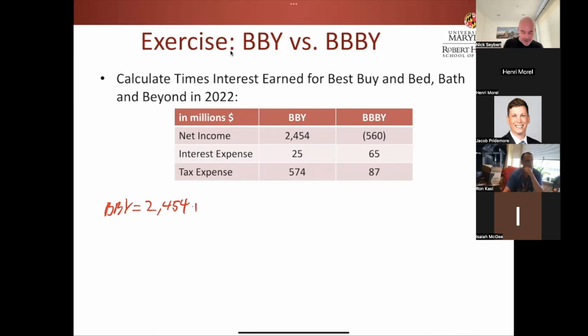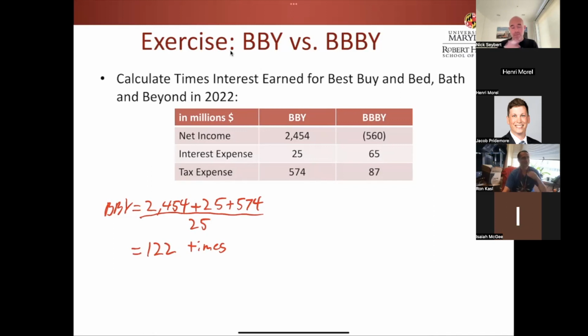I go to the footnotes or wherever I need to go to figure out what the actual interest expense is, and then I add back the tax expense as it was listed on the income statement. And then you divide that whole thing by the interest expense, right? So this is going to tell us how many times Best Buy could pay its interest. And if you do that, I probably rounded it a little bit, but you get approximately 122 times.